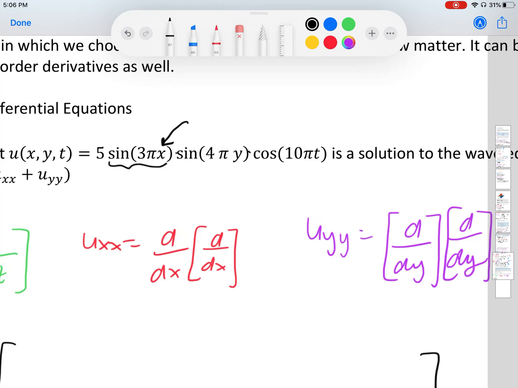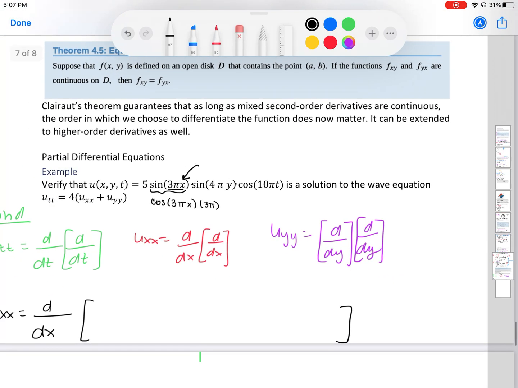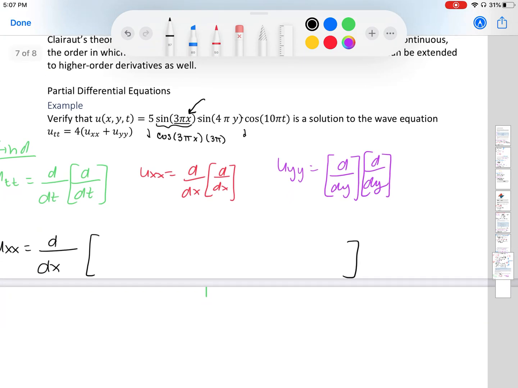So the derivative of this would just be, well, the derivative of sine is cosine, so it'd be cosine of 3 pi x. The derivative of the argument is just 3 pi. And then we keep everything else, we just bring it down. So our first derivative would be 15 pi times cosine of 3 pi x times sine of 4 pi y times cosine of 10 pi t.